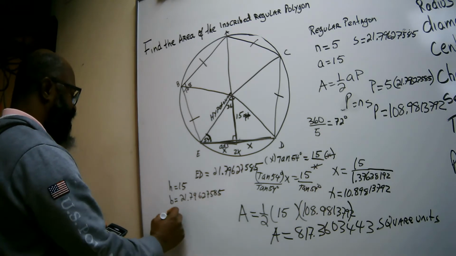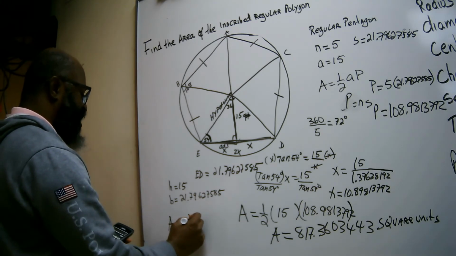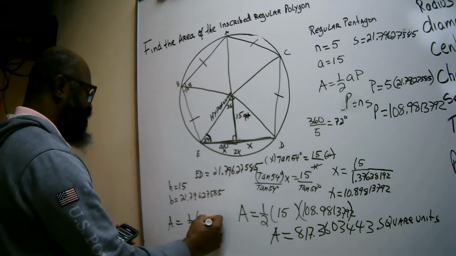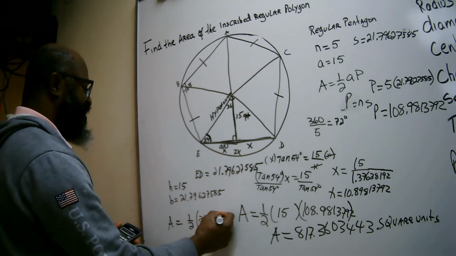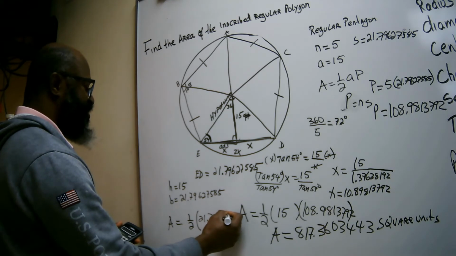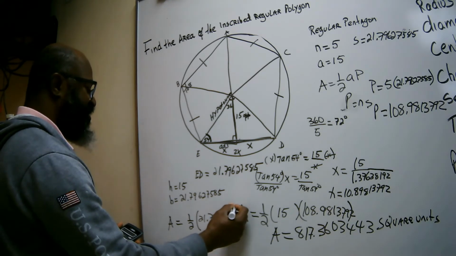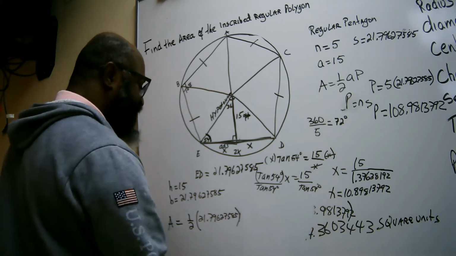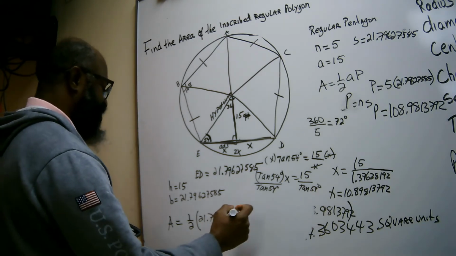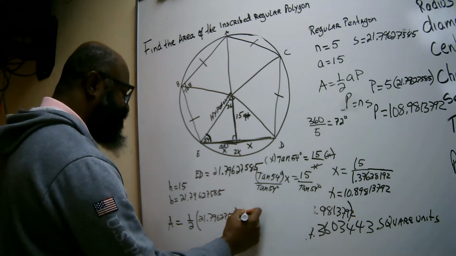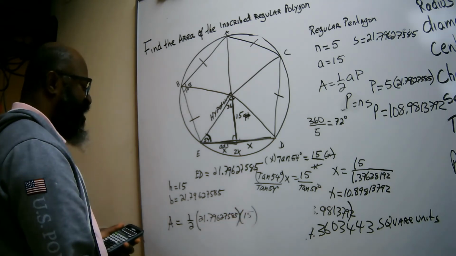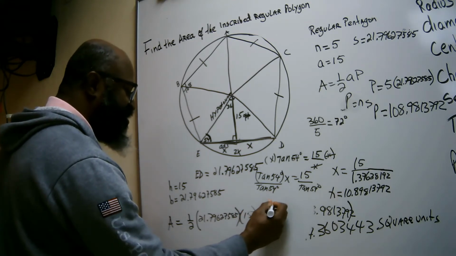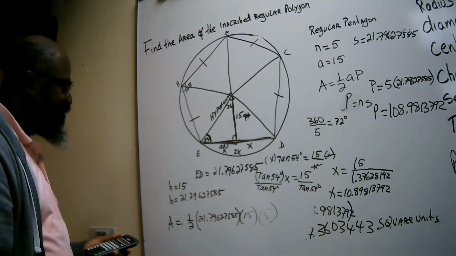I can find the area of one triangle, 1/2 times the base, which is 21.79627585, times my height, which is 15. Since I have 5 triangles, I multiply this by 5. This should give you the same thing also.